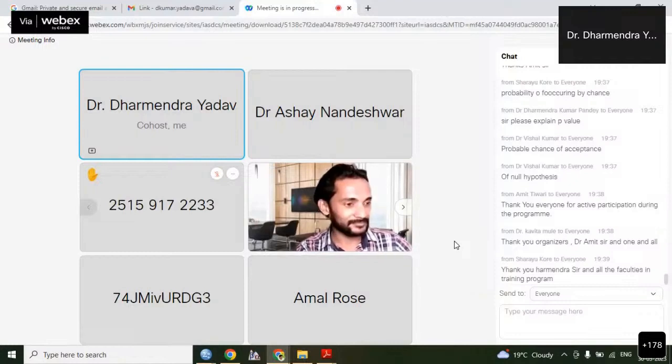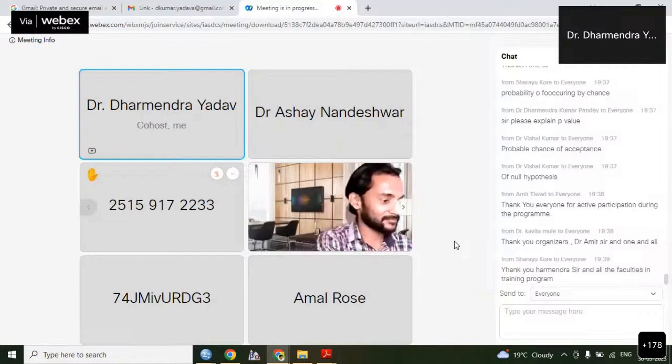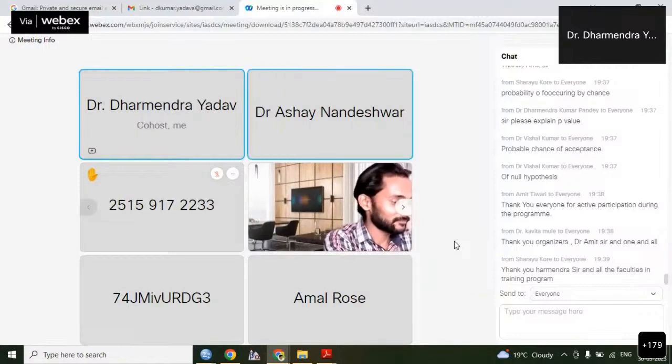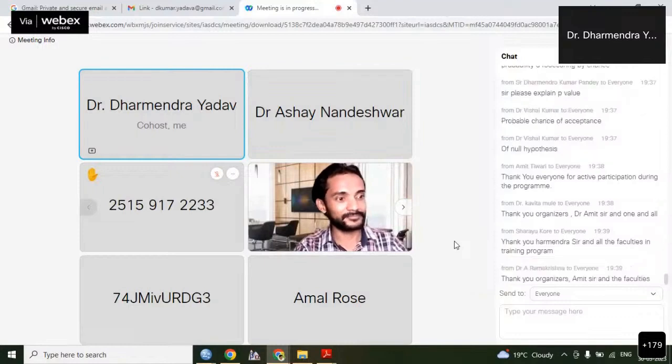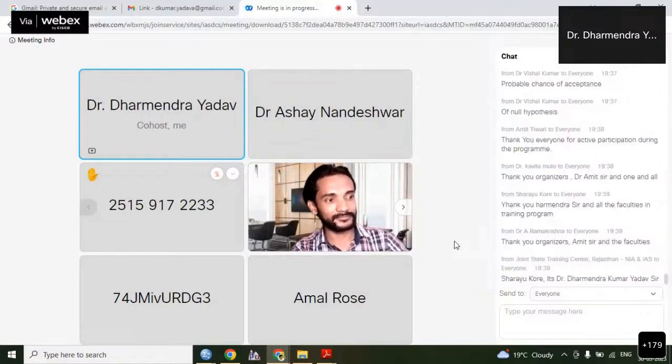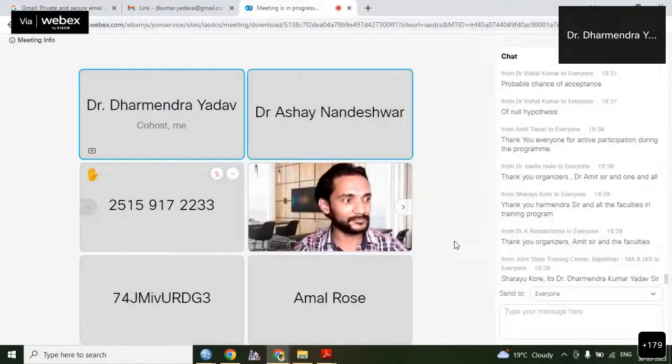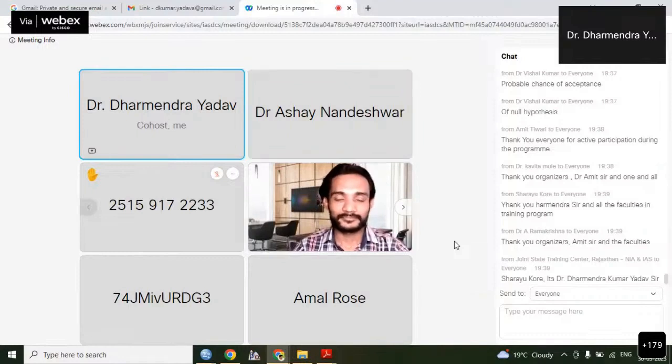Number one, for testing the association of attributes. Suppose you want to know the association between two variables, and these variables are qualitative in nature or categorical. Suppose we want to check whether there is an association between lung cancer and smoking.